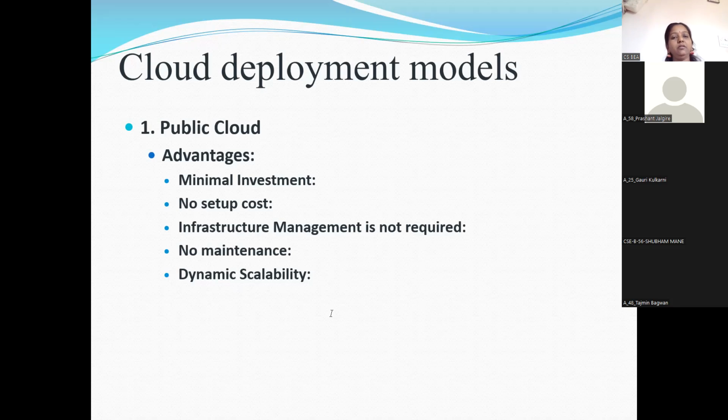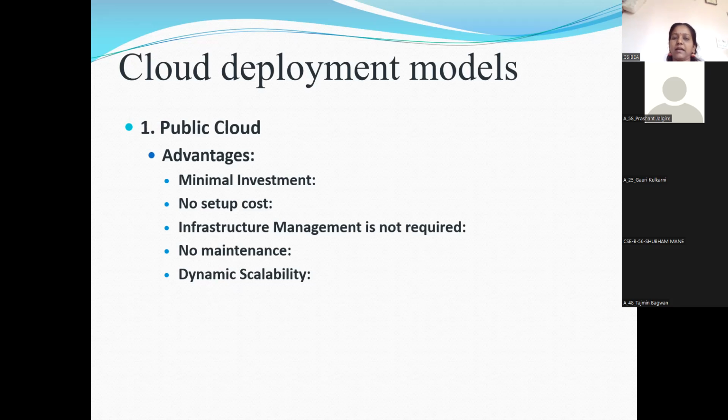So it will again be free of cost. And then dynamic scalability. To fulfill your company's needs, on demand resources are accessible. Whatever data you want at any moment of time, you will be able to access that. So that is the dynamism provided by public cloud.